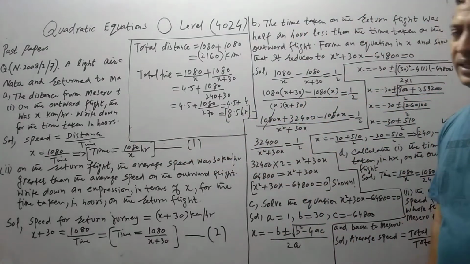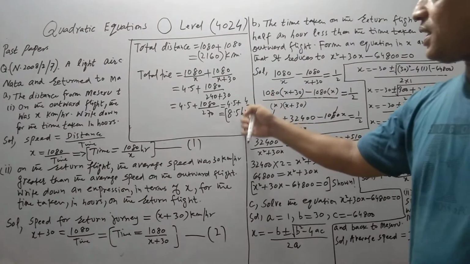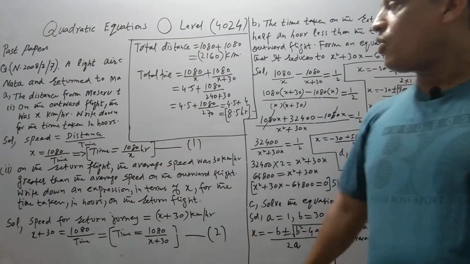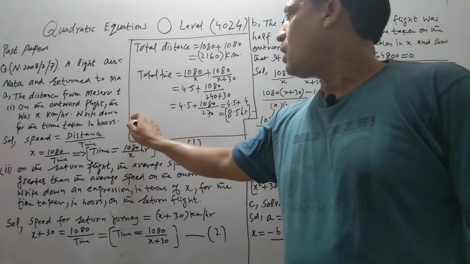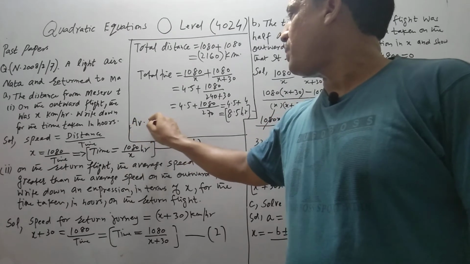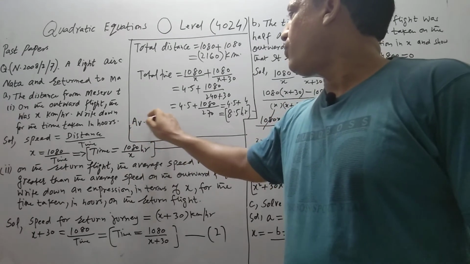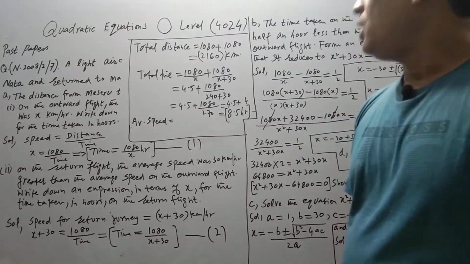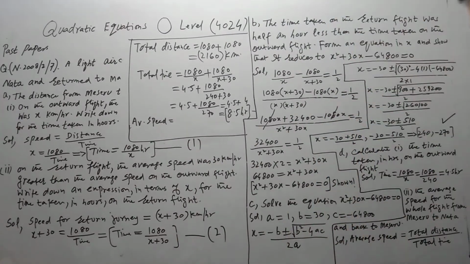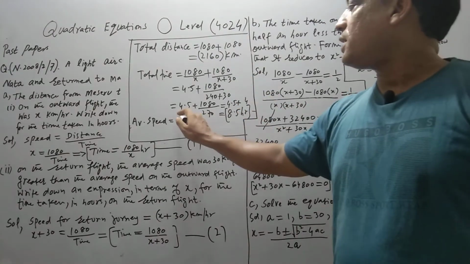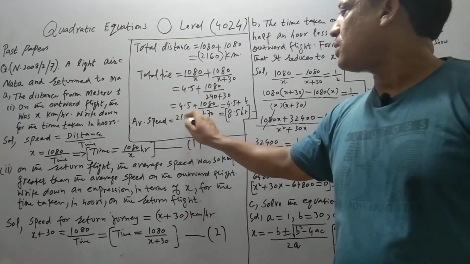This is total time. I hope you understand. You can verify these values by using your calculator. Hence, our average speed for the whole journey is, what is the formula of average speed? Total distance upon total time. What is the total distance? 2160.